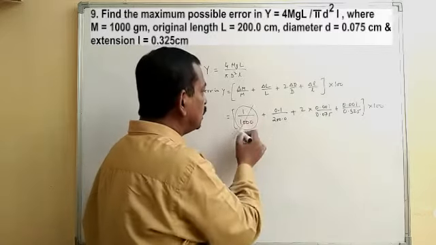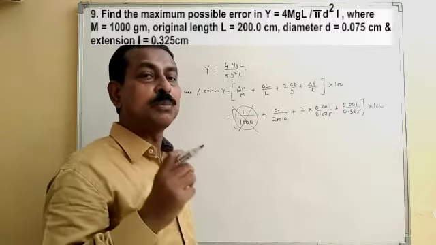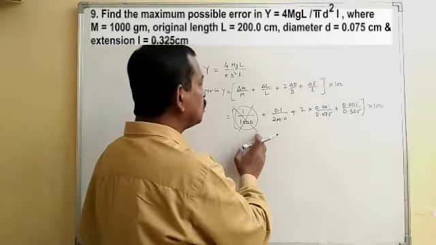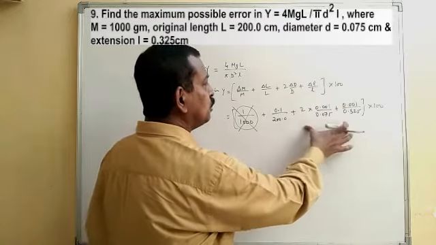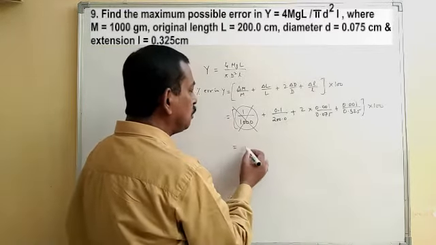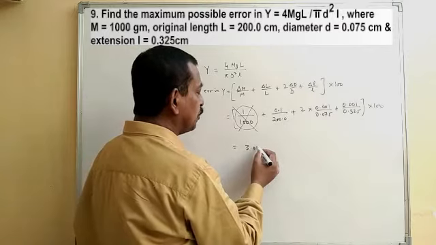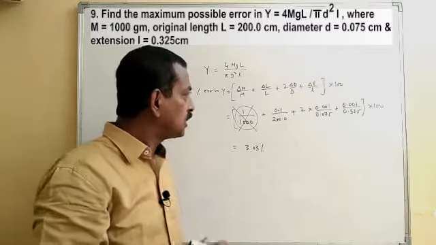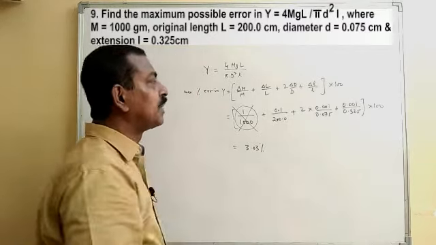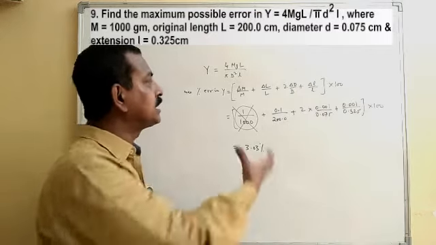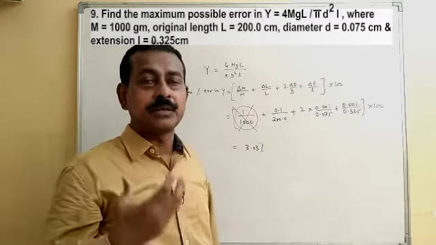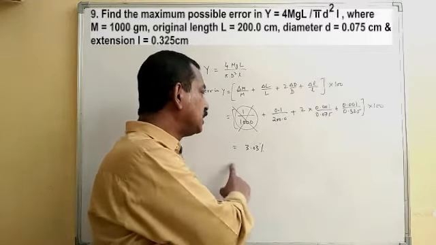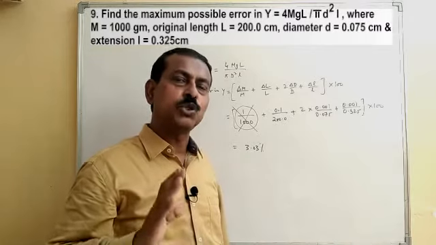If you remove this term, because you have not measured it, then there will be only these three terms, and if you simplify, you will get the error as almost 3.03. So this is the maximum percentage error. If any book has taken this term, their answer will be different, but the actual answer should be 3.03, which you will find in most of the books.